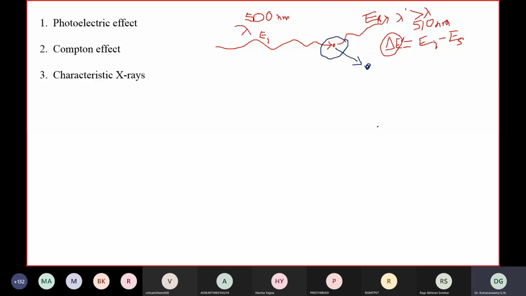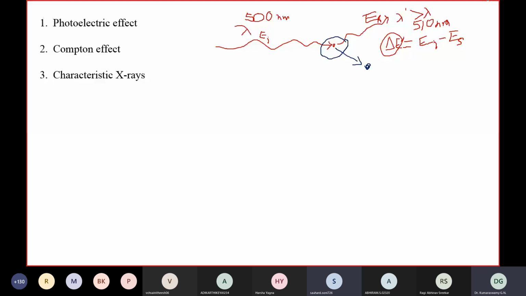But in the photoelectric effect, what we see is, if there is an electron and it has some binding energy, what is that energy we call? Threshold energy, right? What is that energy we call, if the electron has to come out of the material? Ionization energy? Not ionization energy. What do we call it?